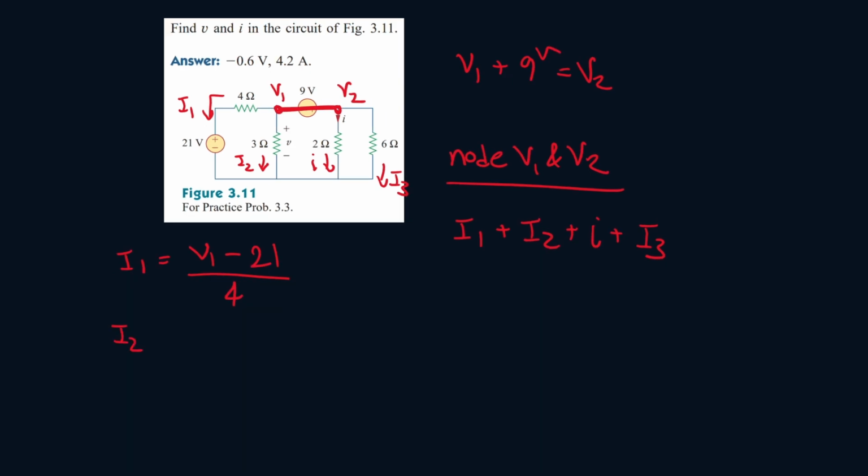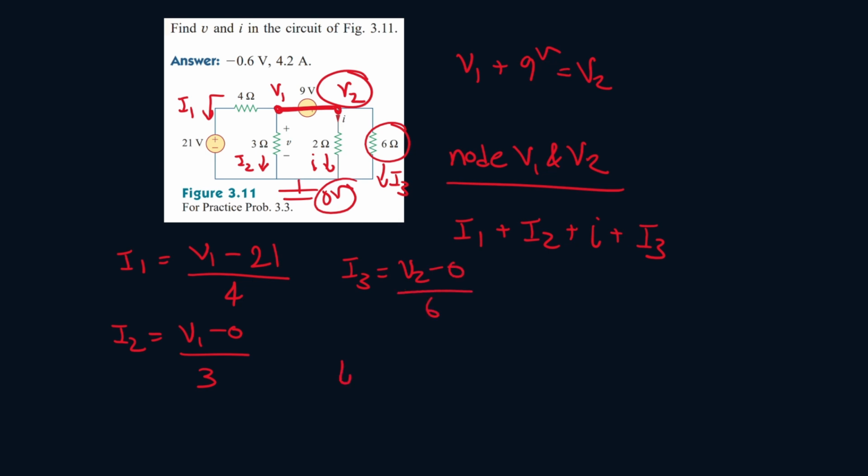Now let's find I2. I2 will be V1. Recall this is the ground node, so it'll be 0 volts. So V1 minus 0, all over 3. Now I3 will be V2 minus 0 all over 6, and then I will be V2 minus 0 all over 2.